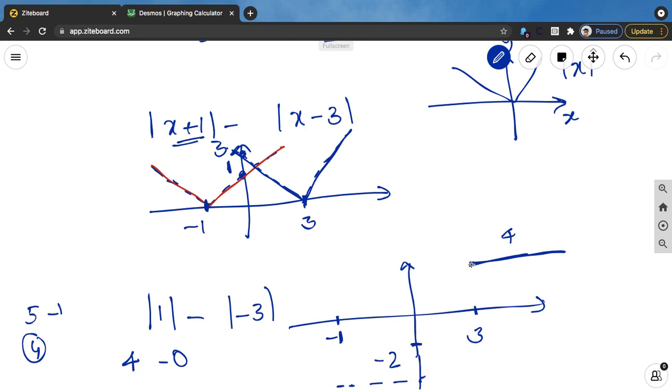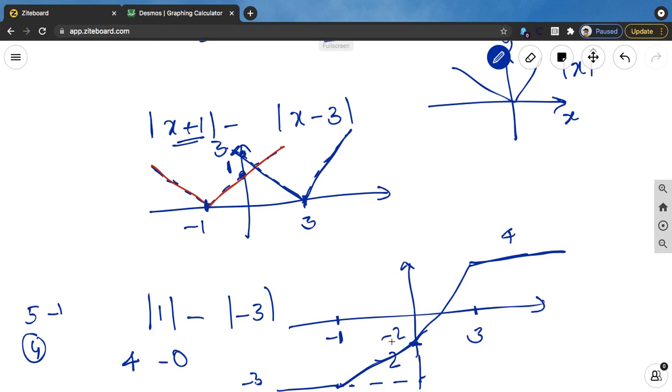So it is 4 on the right of 3 and it is minus 3 on the left, and it passes through -2, so that's my graph. Like the letter Z.